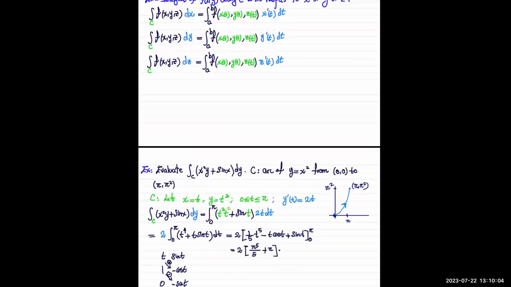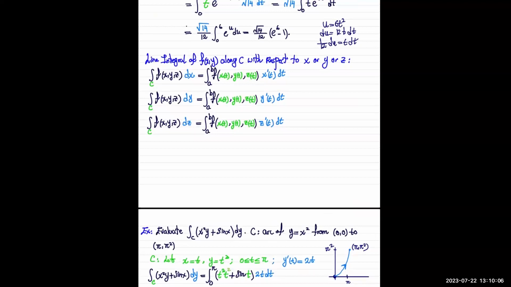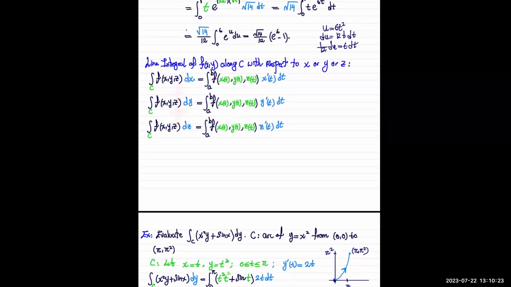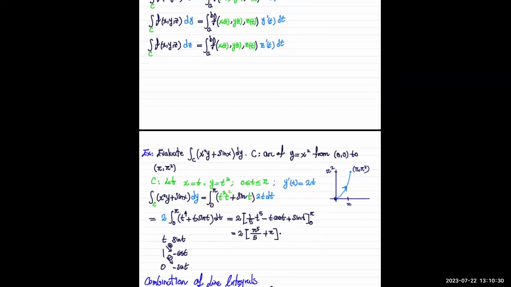Imagine we have line integral with respect to x and with respect to y, or with respect to z. A combination of these is what we want to find. Imagine these three integrals are added. That's called a combination of line integrals.